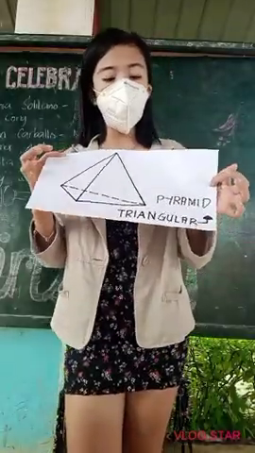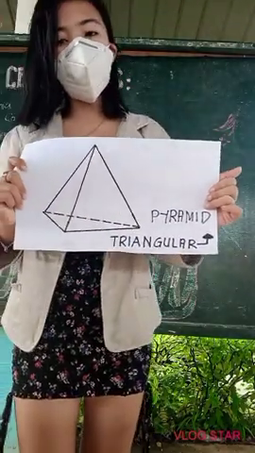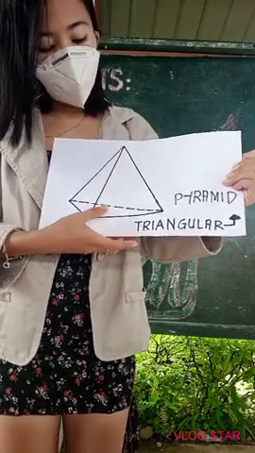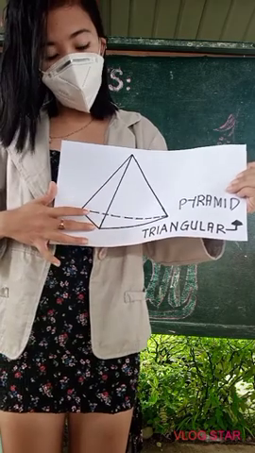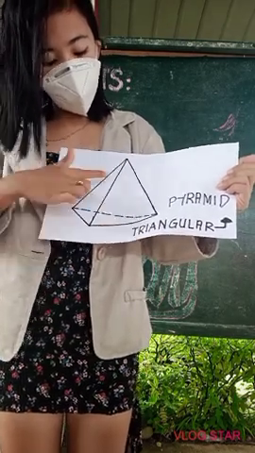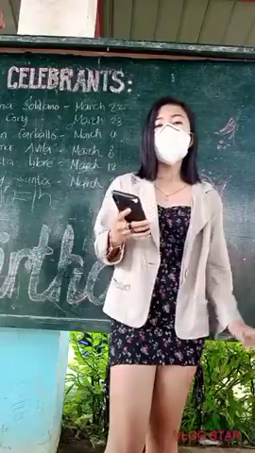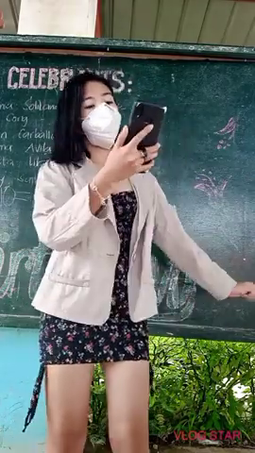The next three-dimensional figure is the triangular pyramid. In the triangular pyramid, there are two measures, the base and the height. This is the base of the triangular pyramid and this is the height. So what is a triangular pyramid?